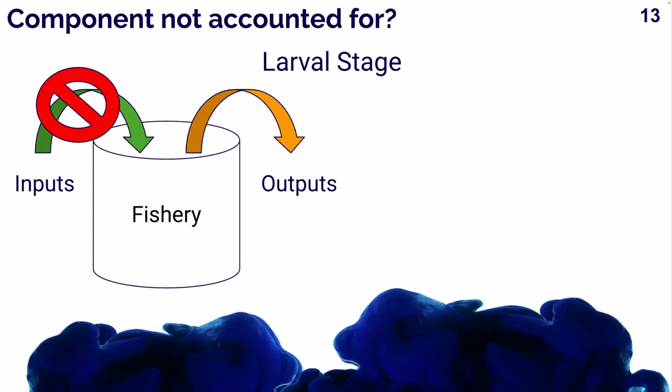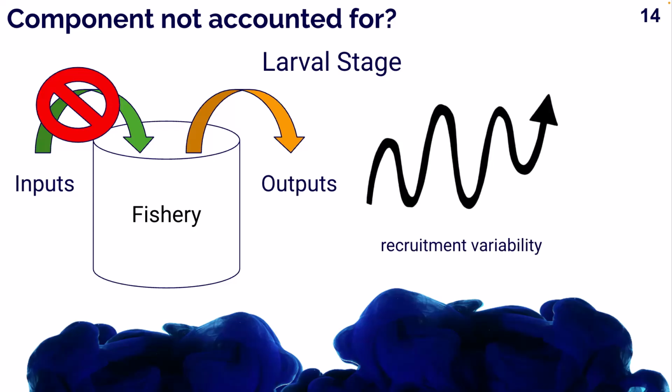Also, without the input of the larval stage and their recruitment, we are not able to do a formal population assessment, which helps indicate the stock health and sustainability of the fishery overall. This is becoming increasingly concerning because we cannot account for recruitment variability, which can be affected by a variety of things like environmental factors or season disruptors that can cause the season to open later, which in turn will affect the recruitment process.